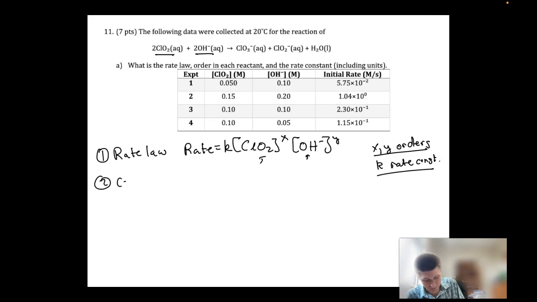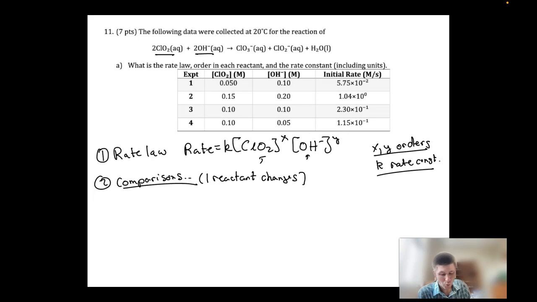Now, we're going to do our comparisons. So I want to look for trials where only one reactant concentration changes. So 1 and 2 is a natural thing to try to compare, but in this case, ClO2 changes and OH minus changes, so I can't use that comparison. But if I look at 1 and 3, if I go from 1 to 3, ClO2 goes from 0.05 to 0.1, so that doubles.